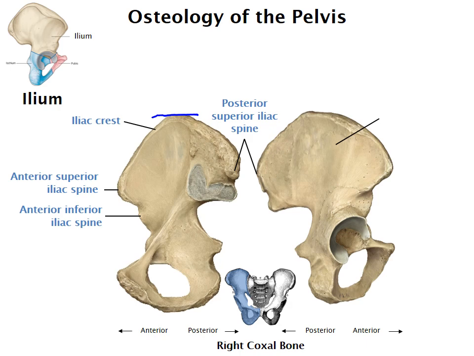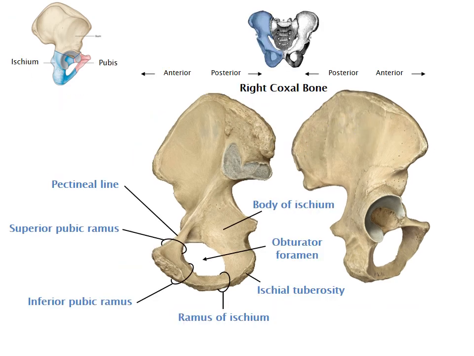The gluteal surface makes up the posterior portion of the ilium. Next time we'll discuss where the gluteal muscles are attaching. But for today, we can see the gluteal surface in this region. The ischium is composed of a body and a ramus.